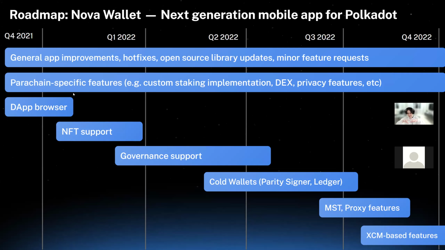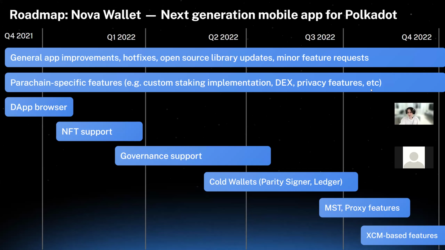Probably we will end up with some sort of aggregator which connects to different DEXs and forms the optimal route for the users who want to swap tokens. However, they probably would be able to switch from the optimal scenario to the manual one and select one of the DEXs which we support. But yeah, we will see.